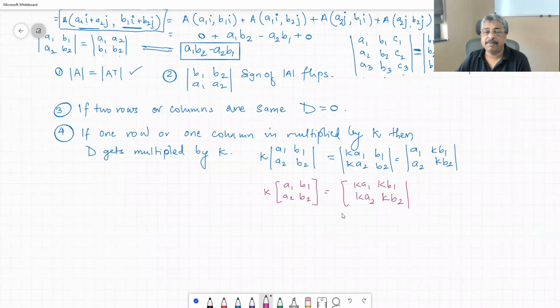This is a very important difference that you are required to remember, because you may get confused. So if I really get the determinant of this matrix, let us call this matrix A. So K times matrix A, and if I want determinant of that, then it will be K square times determinant of A in this case.